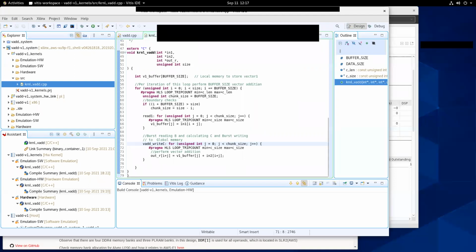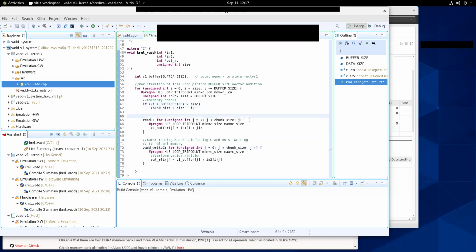Let me just type it in here because I have some problem. On read1, each iteration of the loop takes 3 clock cycles.